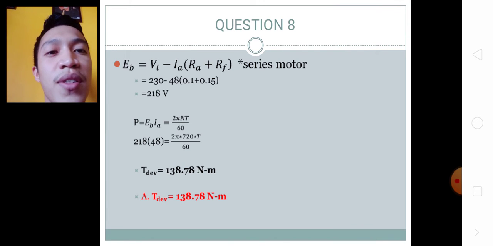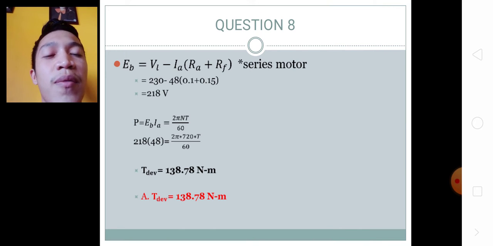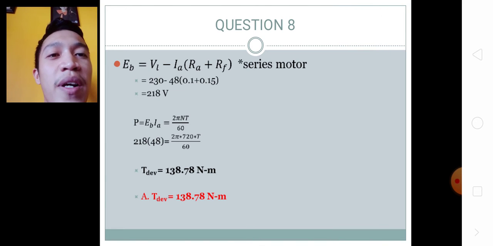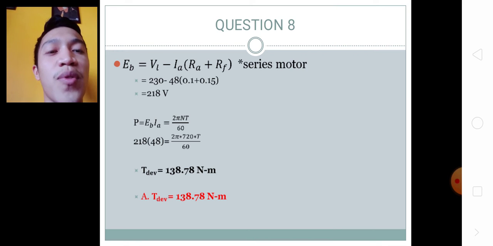Now next, we know that power is equal to VI, voltage times current, or EI, which is also equal to 2 pi times speed times torque over 60. So our volts is 218, then the given current of 48, equals 2 pi, and the given speed of 720 RPM, times torque developed over 60.